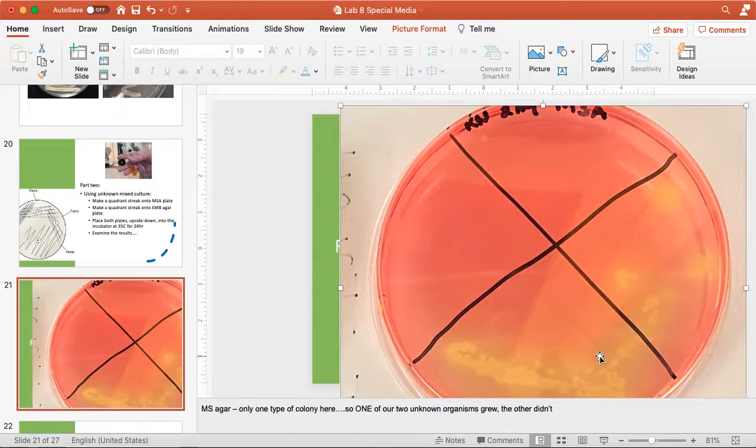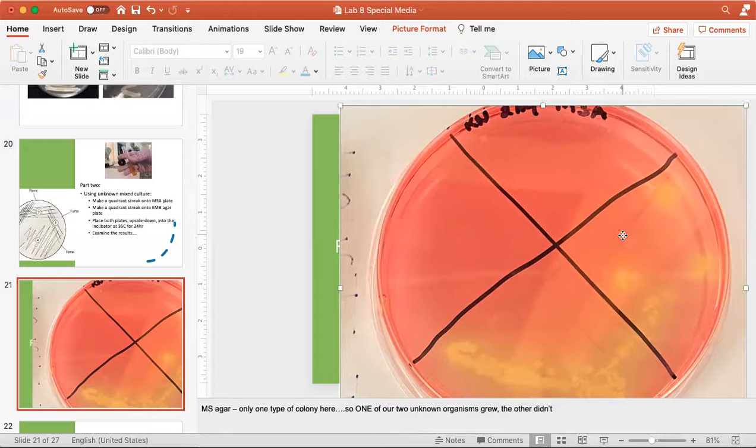It turns out this was quadrant 1 and this was quadrant 2. Remember, sometimes you won't see colonies until you get all the way to quadrant 4, but it depends on how many cells were in the original culture. In this case, there were few enough cells that I could see individual colonies even in the second quadrant.